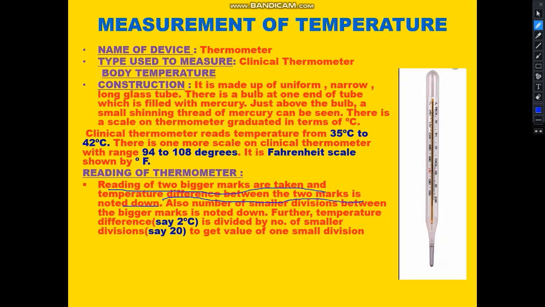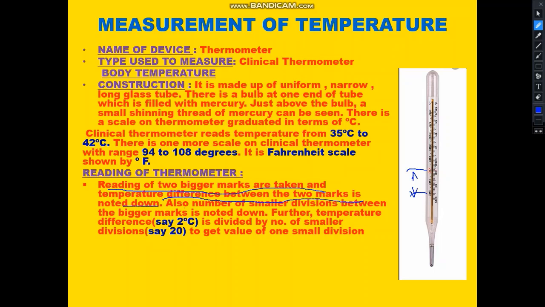Have a look over the diagram. Say we are taking any two bigger marks. Suppose this 35 and 37. Now, according to the instruction, we have to take the temperature difference between these two bigger markings. And obviously, the temperature difference is 2 degrees Celsius.